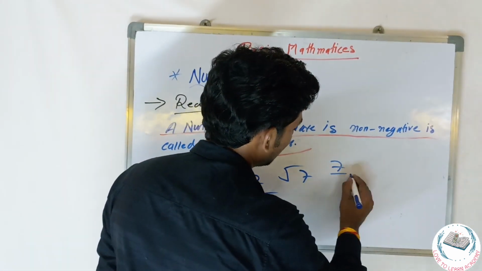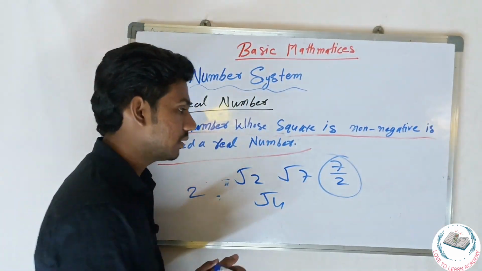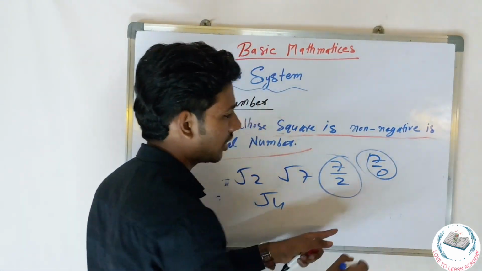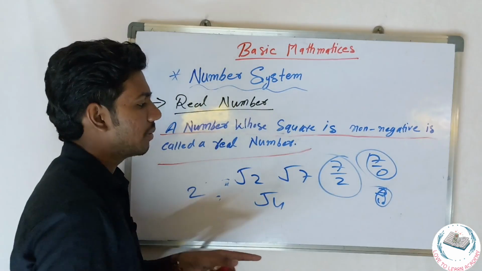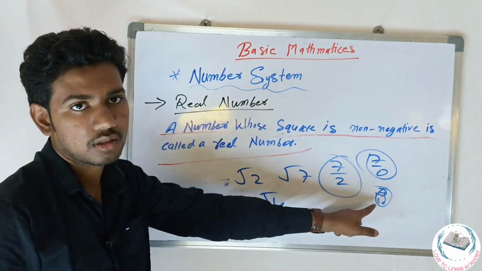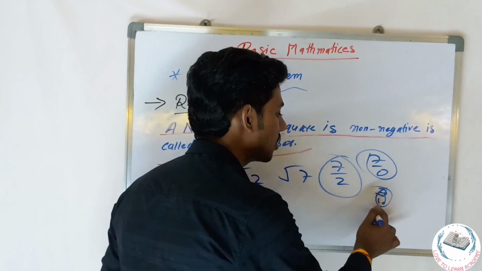I can write it here. Okay, I don't have any idea whether 7 by 0 is real or not, because this is not a rational number, right? Is it an irrational number? It's also not an irrational number, so it is not a real number.